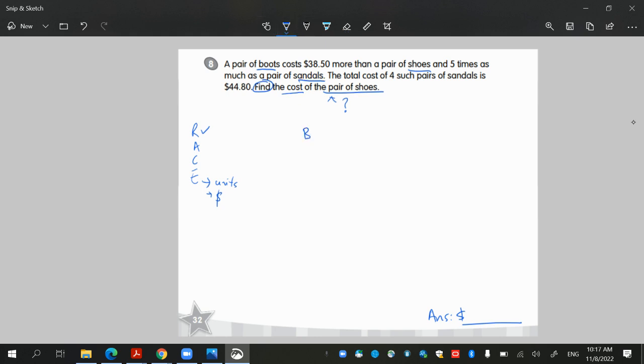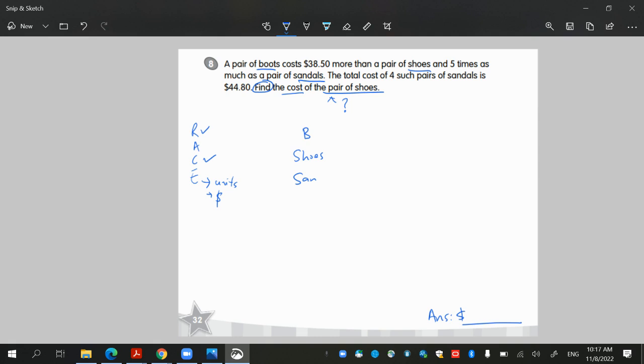Boots, shoes, sandals. And the next part is to figure out which one is the longer bar. I've decided to say longer bar because I've already moved on to saying that I'm going to use a model to solve.